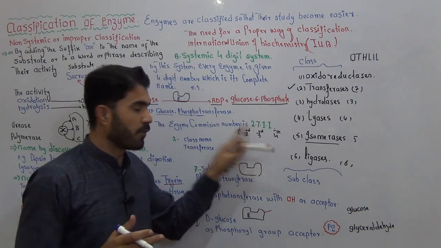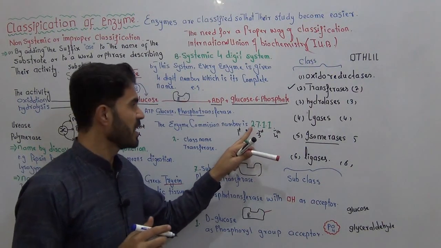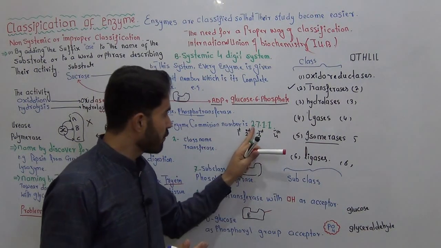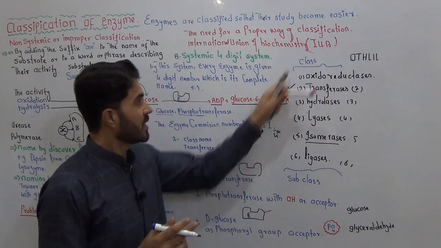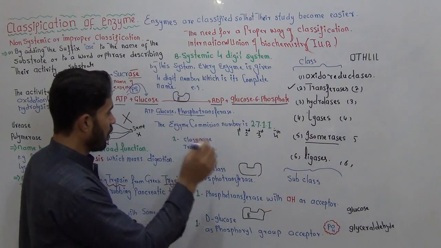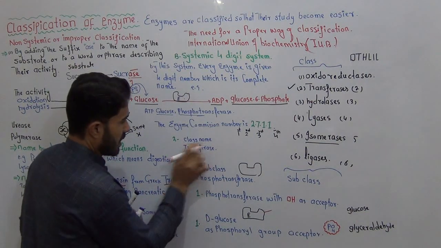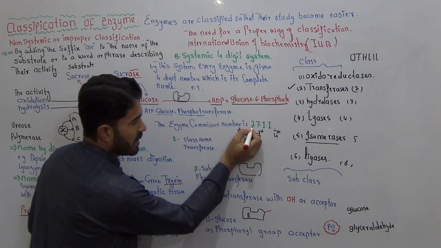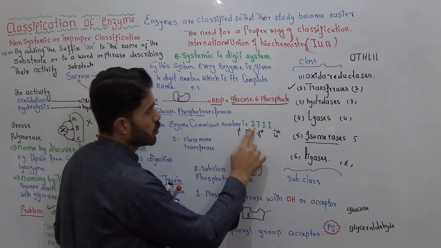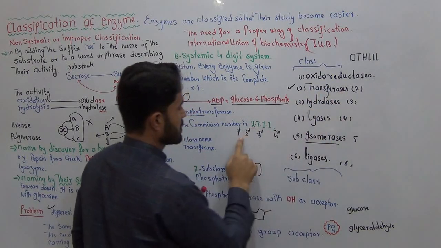I will tell you about the first digit. Whatsoever number it is, it may be 1, 2, 3, 4, 5, or 6, the first digit always shows the class. You know there are 6 classes. So the first digit always shows the class name. Here you can see it is 2. So 2 means the class name, and this means that this enzyme is a transferase.